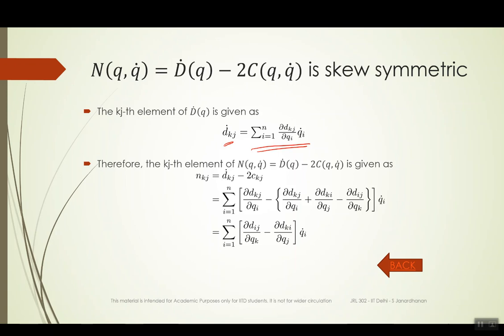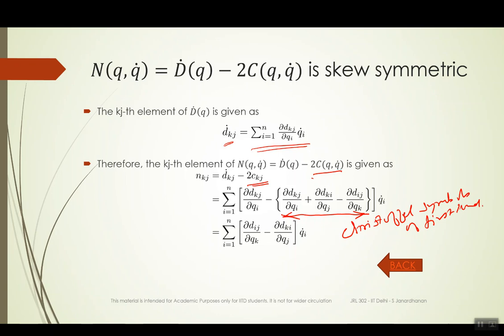And if you see the expression for the terms in the Coriolis matrix, the Coriolis matrix is defined using the Christoffel symbols of the first kind.